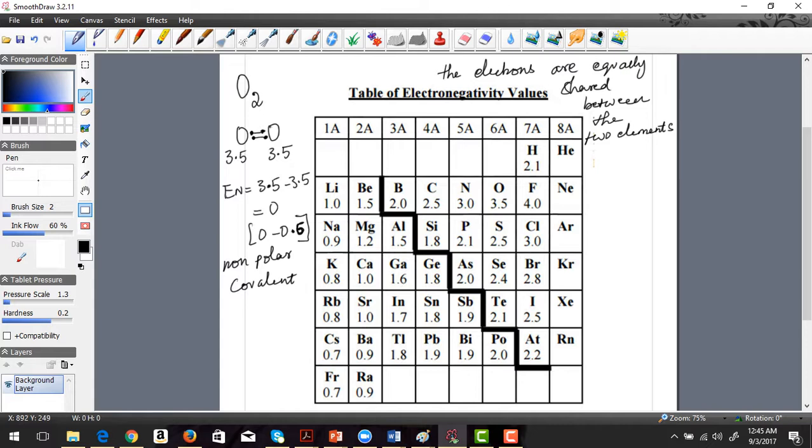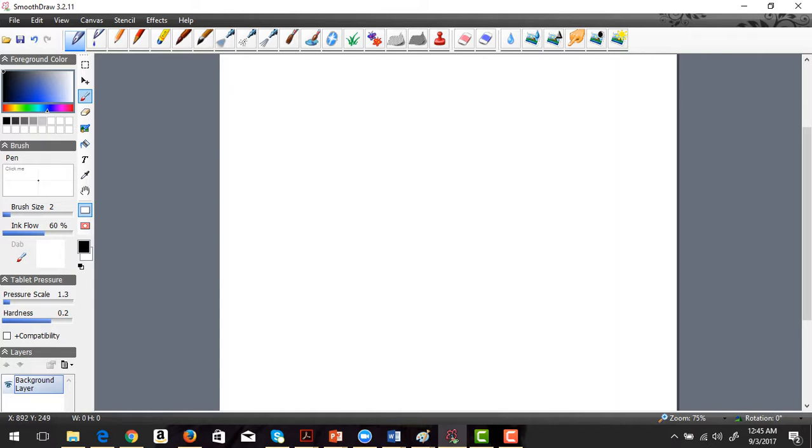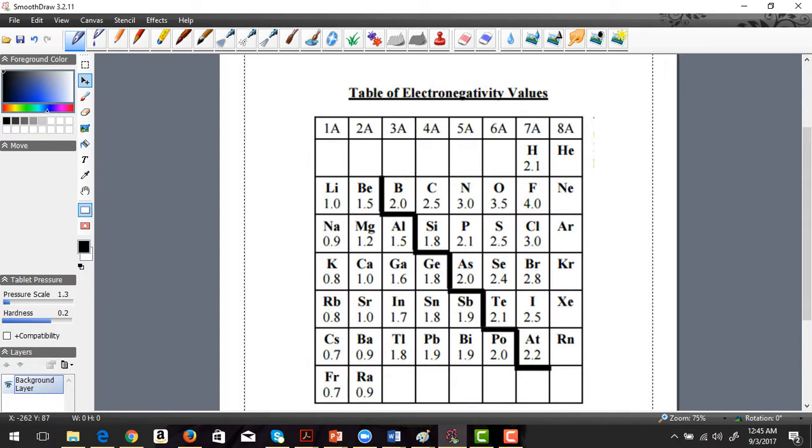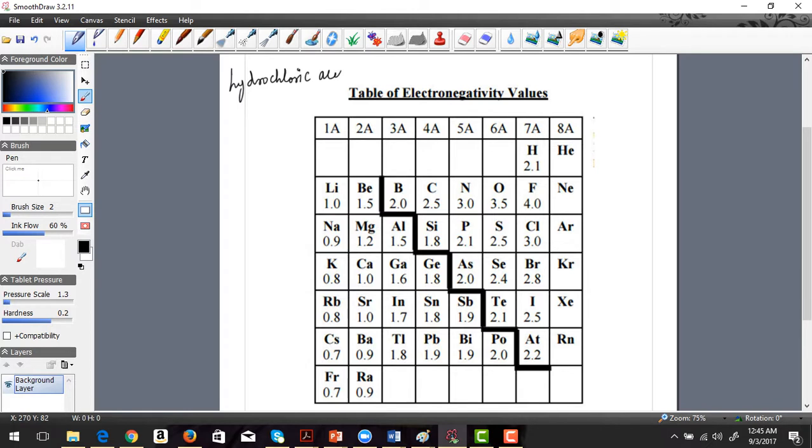All right, so let's get rid of this and bring back our table again. Now let's get hydrochloric acid, okay. I've not taught you how to name it, so I'll just give you the compound and its name, okay. It's HCl.